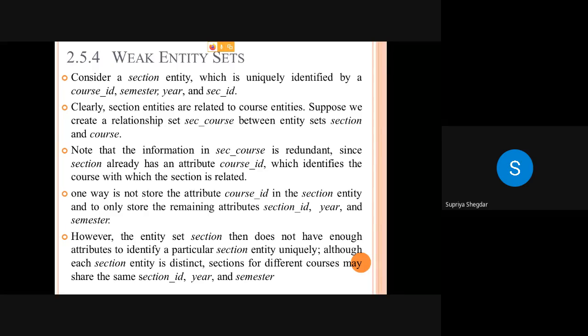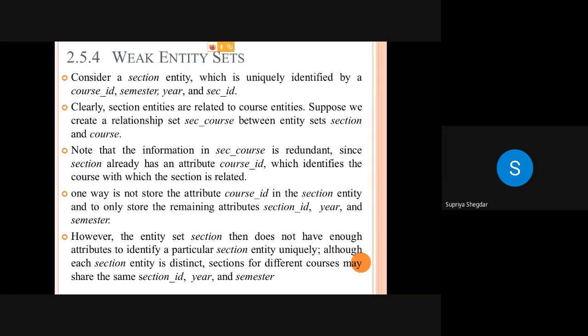Then the section entity is related to the course entities. Suppose we create the relationship set section-course between the entity sets section and course. So the section entity represents in what year or what semester that particular course is offered.